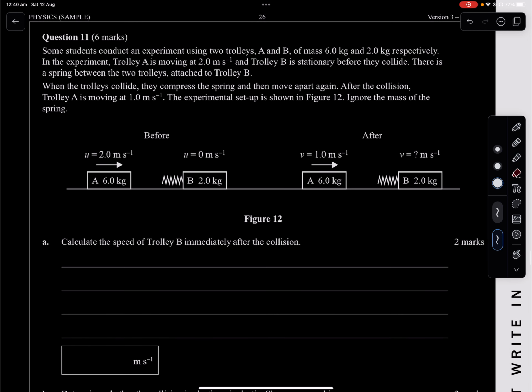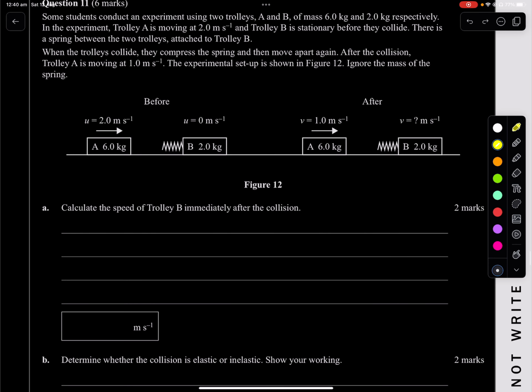Well, we don't have to worry about the spring in this case, because yes, it will transform some of the kinetic energy to spring potential energy, but it will pass it back to kinetic energy. So the momentums are the same anyway.